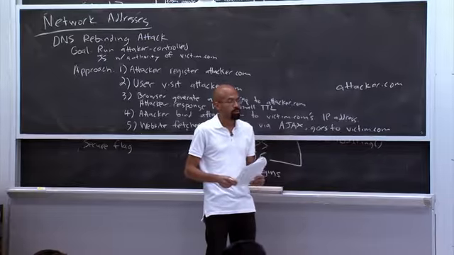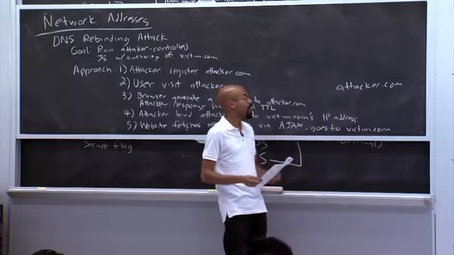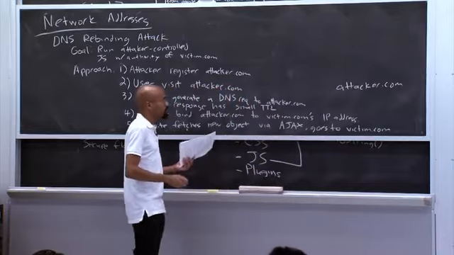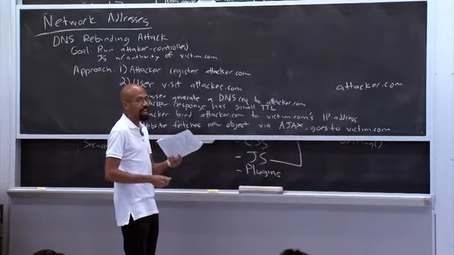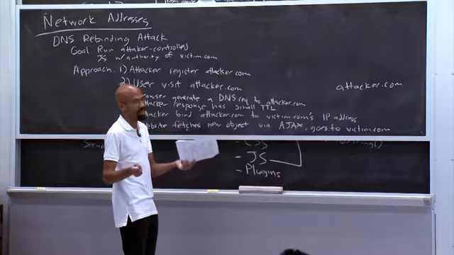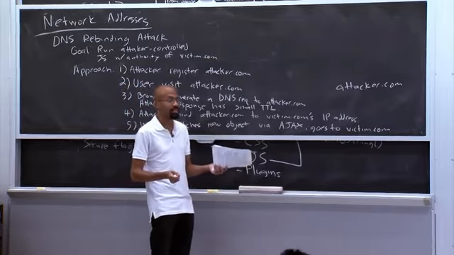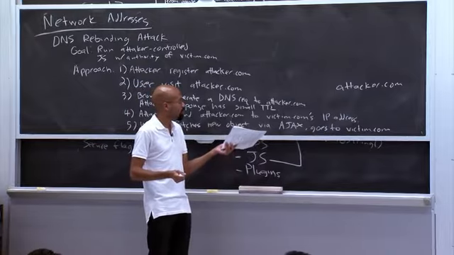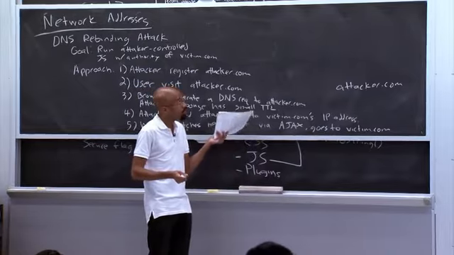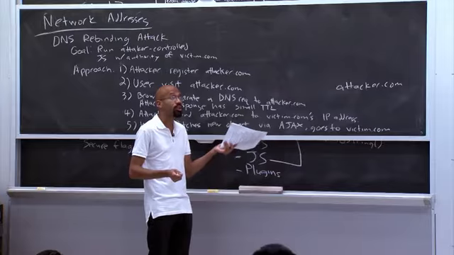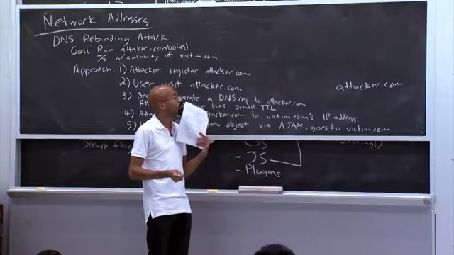Does this work over HTTPS? That's an interesting question. HTTPS has these keys, right? And so the way you'd have to get this to work with HTTPS is if somehow attacker.com could, let me think about this.